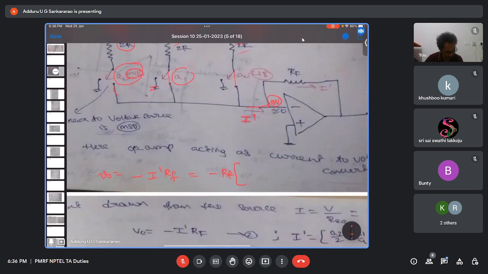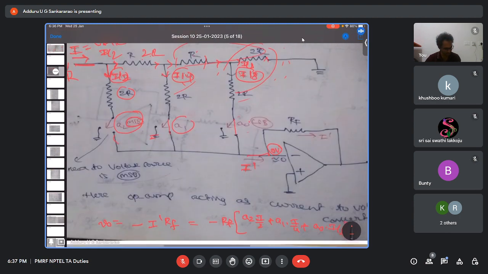Can I write like this? A2 into I by 2 plus A1 into I by 4 plus A0 into I by 8. Because if A2 is 0, then that current will not come, the current will go into ground. If A2 is 1, then only it will contribute to I dash.